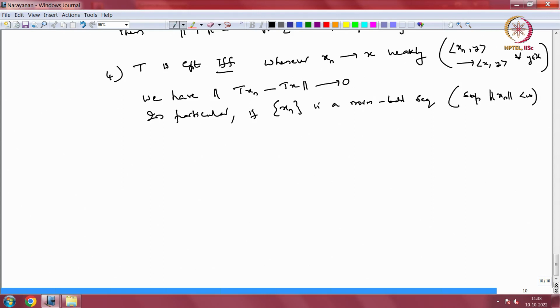And so, if I apply T to it, I will have a strongly convergent subsequence. Okay. So, then we have a convergent subsequence for T x n, right, because there is a subsequence x n k which converges weakly and so T x n k will converge strongly. Okay. So, these are some facts about the compact operators which we will use.